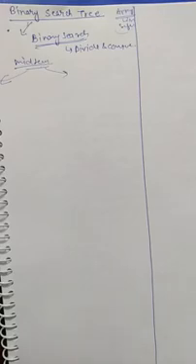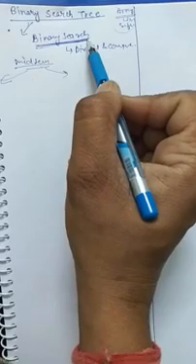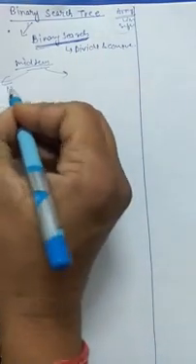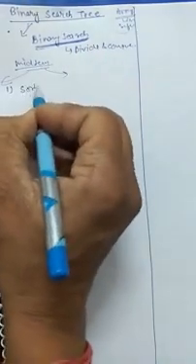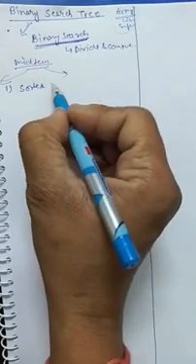So this is the concept used for the binary search tree. The necessary condition is the binary search concept, that is, the elements should be sorted.